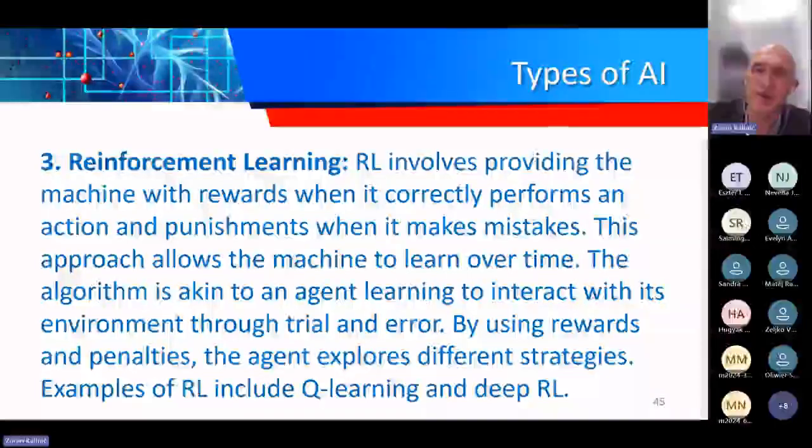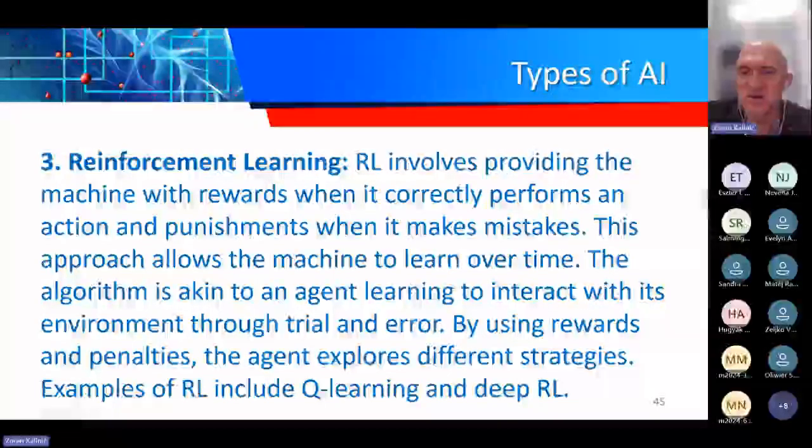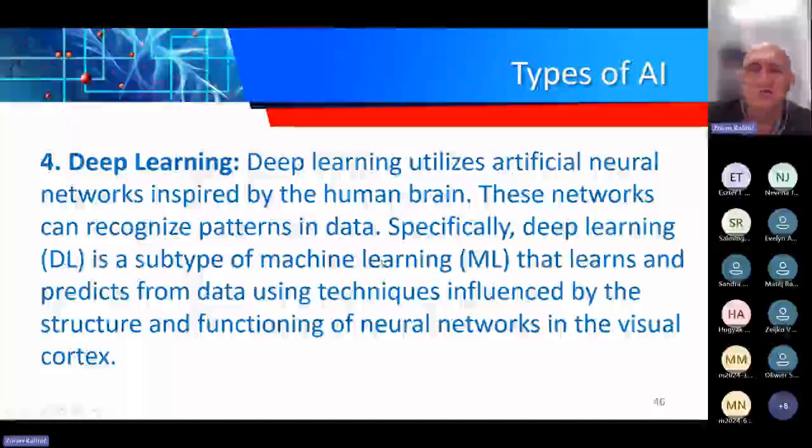If it gets a punishment, it will remember: okay, it's bad to go in this direction. It's a very powerful method, and in many cases nowadays they're starting to use reinforcement learning more and more. Some of the examples are Q-learning and deep reinforcement learning.